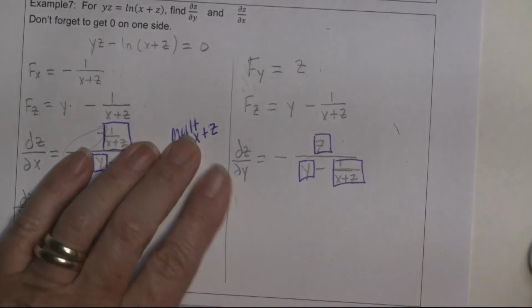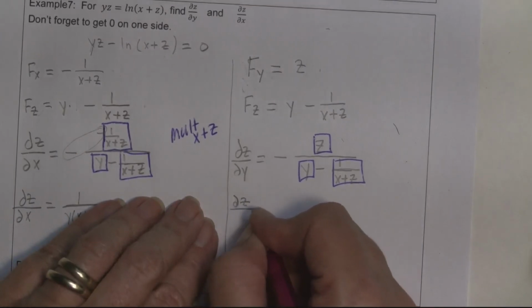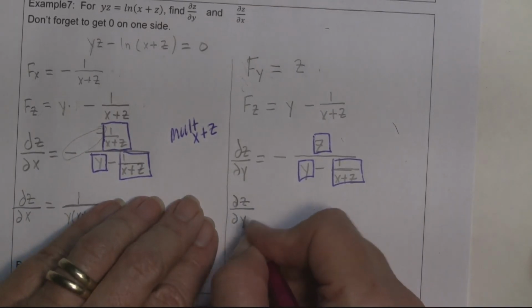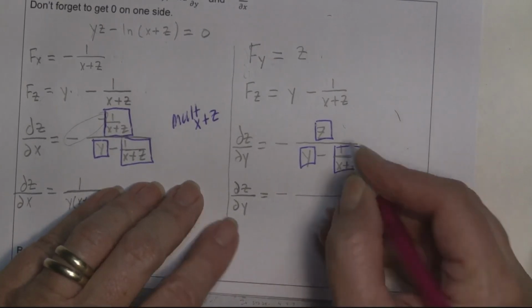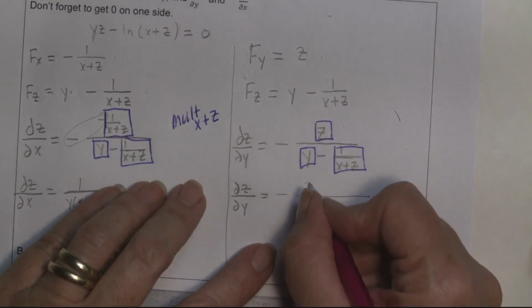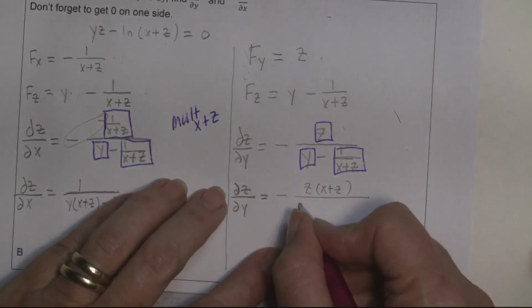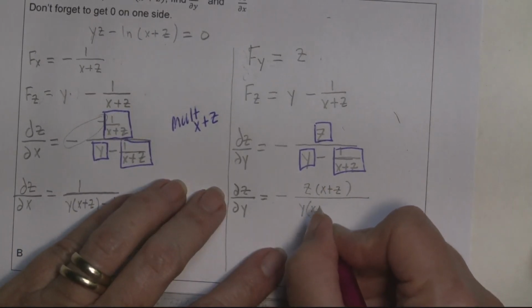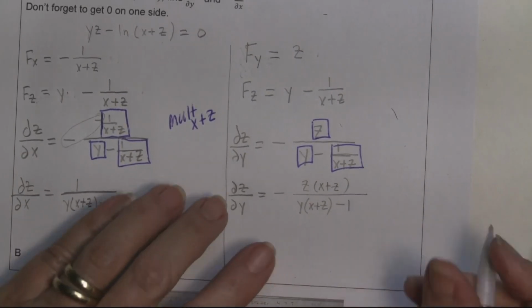I'm going to make this one look a lot more like a partial than I did when I first wrote it. So the minus out here in the front, and here I'm going to have z times x plus z. And here I'm going to have y times x plus z. And then here I'm going to have minus 1.